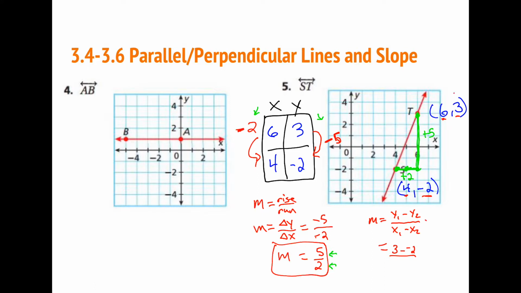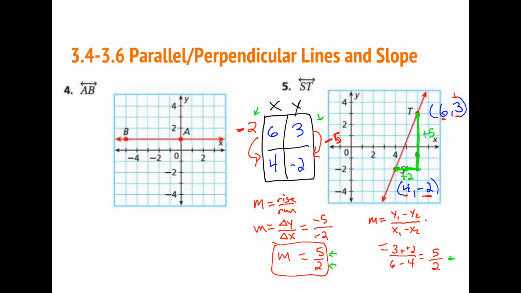So if 3 was my first number, then that 6 has to be my first number in the bottom of the fraction. So 6 minus 4. And if 3 minus a -2 gets complicated, that's just a 3 plus a +2, which would be 5, and 6 minus 4 is 2. So all 3 ways that we did it, we still got our answer of 5 over 2.